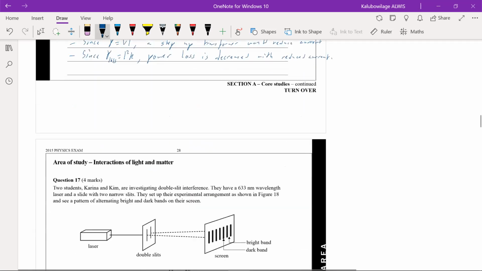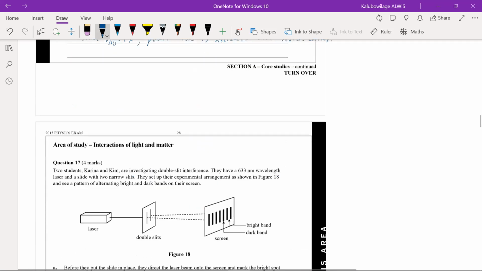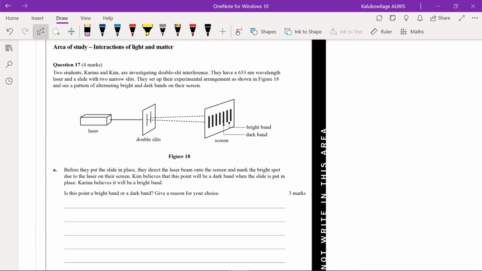Light and matter. If you put a slide in there's a laser beam, and at the center there'll be a bright spot.